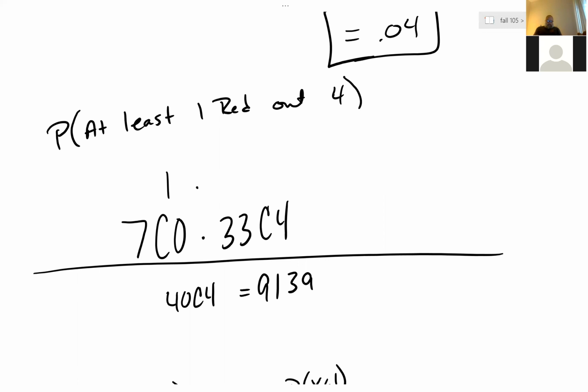Equals. What the hell? Equals. Bin 33, 4. Boom. What just happened? Oh, I put a comma in there, you dope.